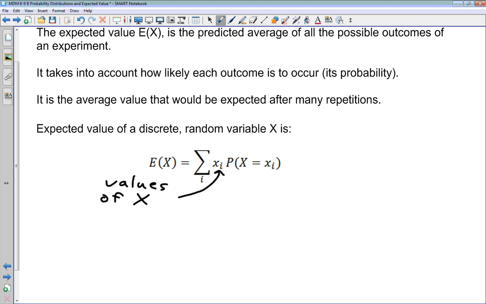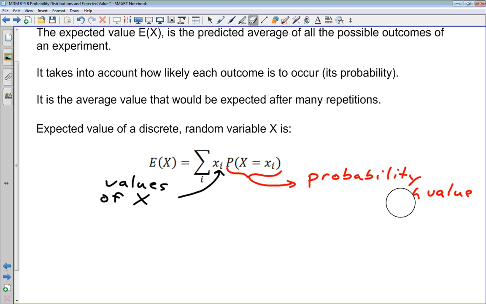And over here, we've got the probability that our random variable is going to take on each one of those values. So we'll say the probability of the particular value.